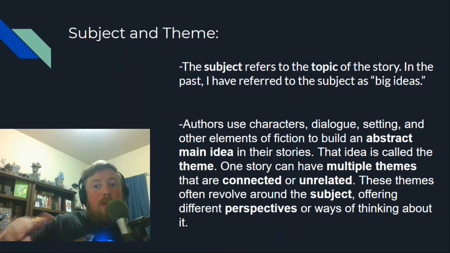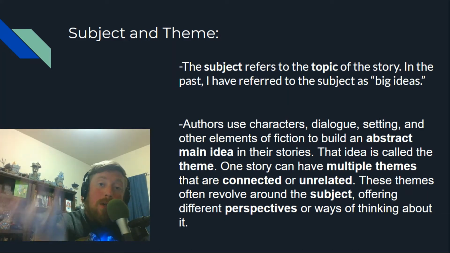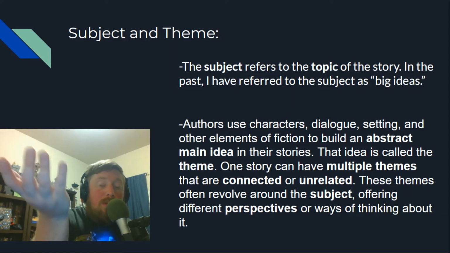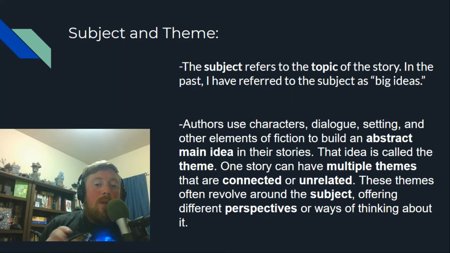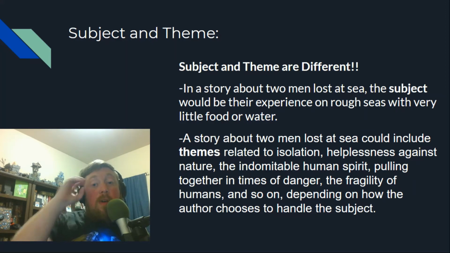And then you have this other subtle theme of mental illness and community as you're watching the story of these fish unfold. So these themes often revolve around a similar or the same subject, and it will oftentimes give different perspectives or ways of thinking about that subject. So subject and theme are different.